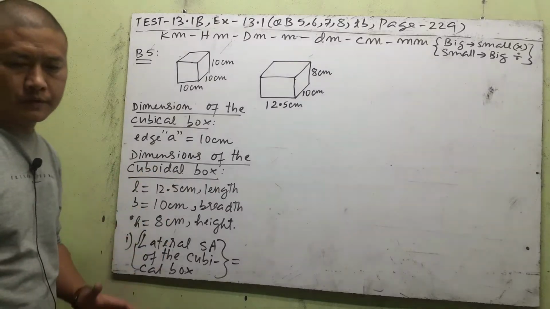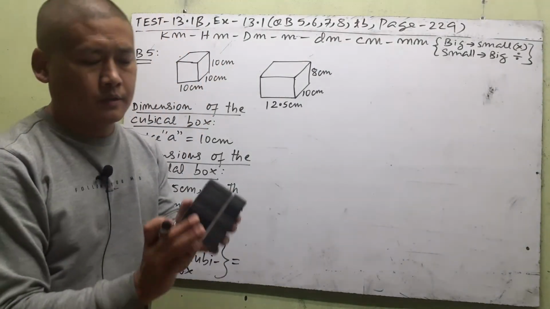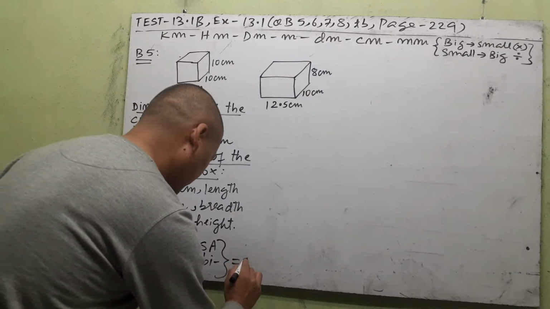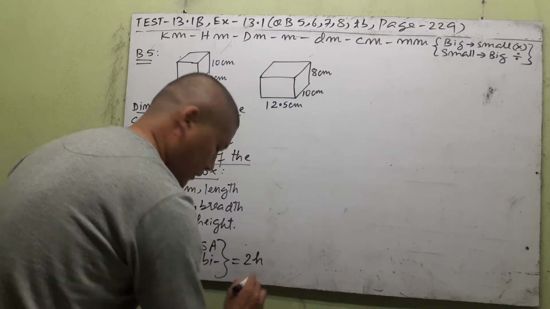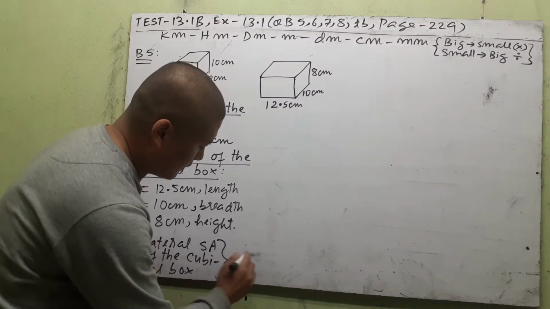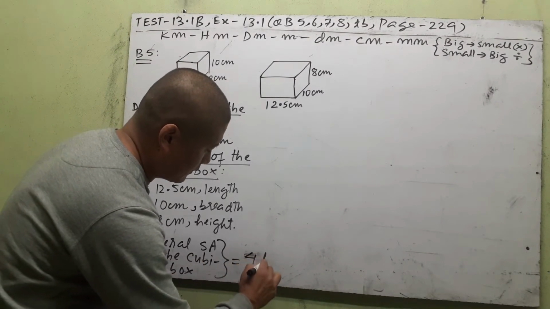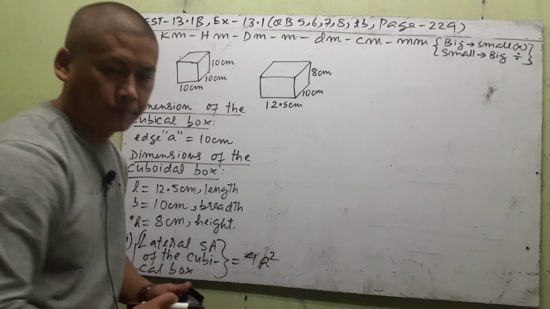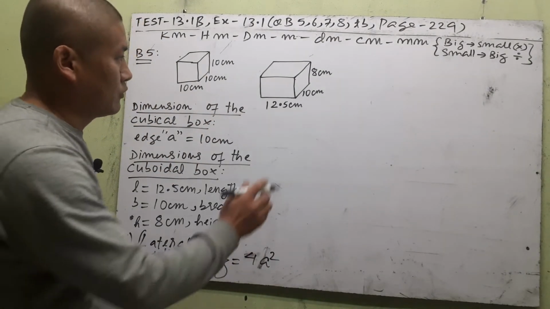Lateral surface area means the side walls, the four walls. For lateral surface area of a cube, we learned from the first class that it is 4 multiplied by a square, the four walls area of a cube.